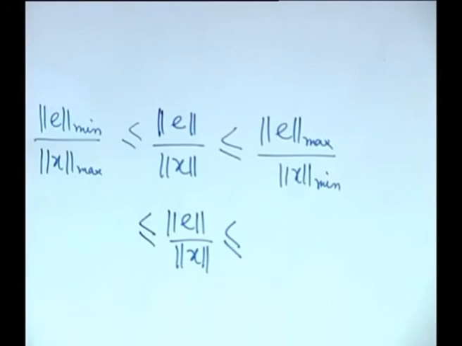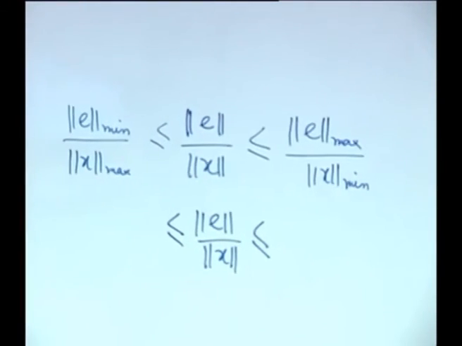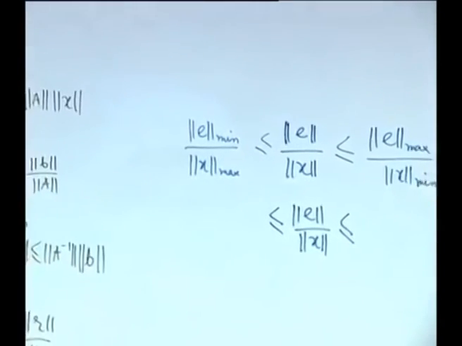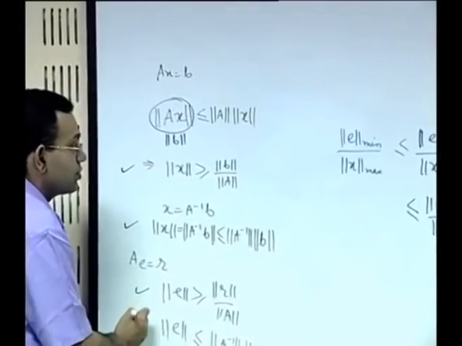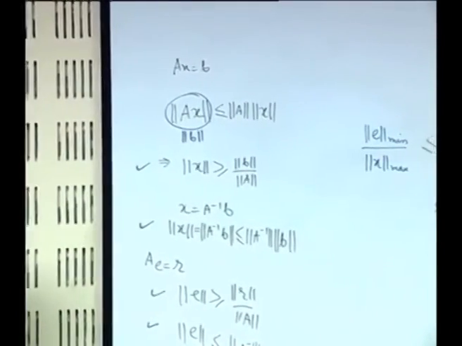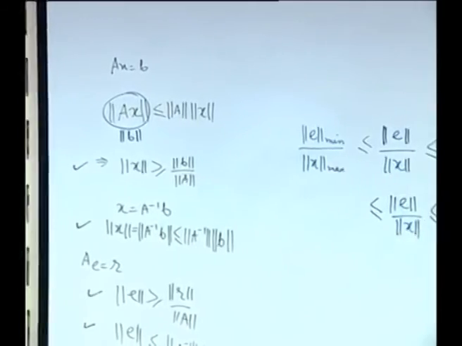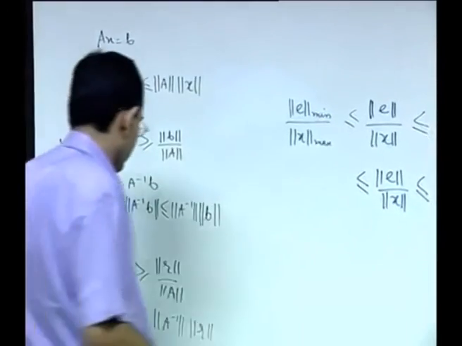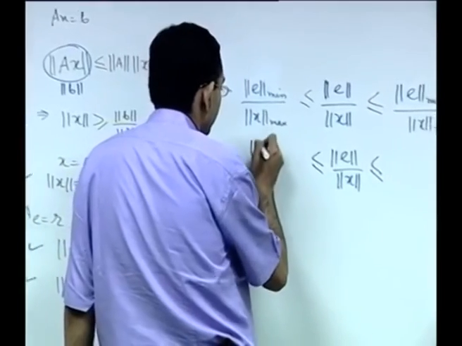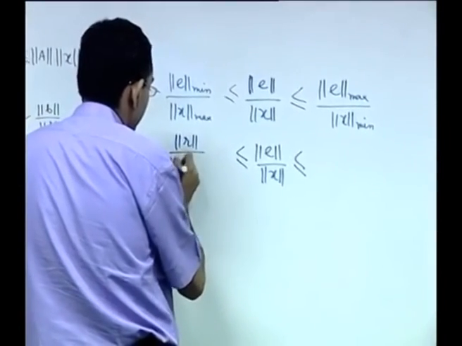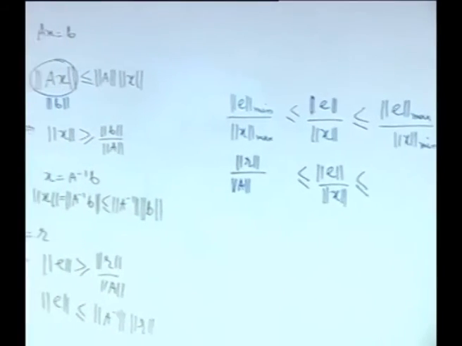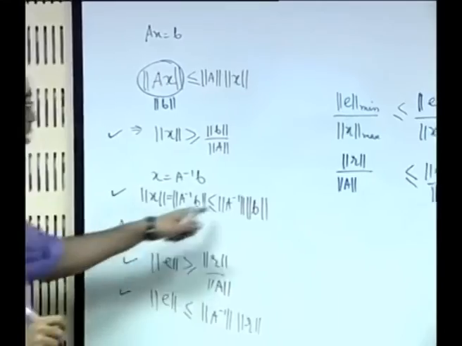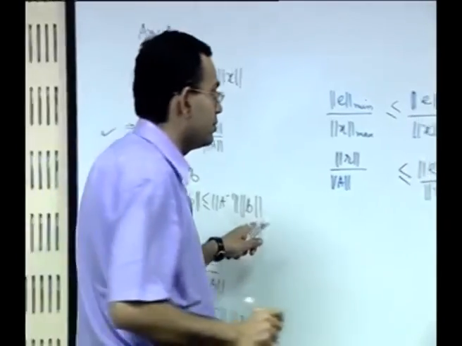What is norm of e minimum? Out of these we have now these 4 inequalities which we can use. Norm of r by norm of A. And what is norm of x maximum? Norm of A inverse into norm of b.